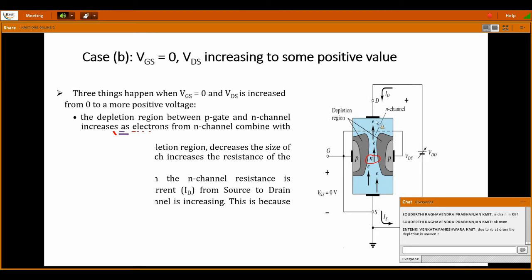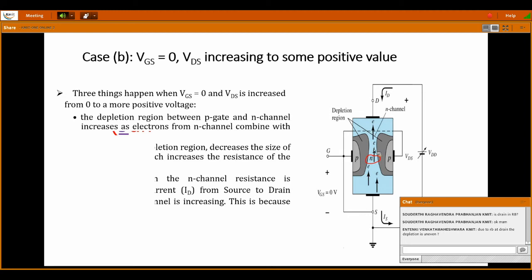Reverse bias is more means the depletion width will be increasing as compared to the source terminal. So the reverse bias is increasing, the depletion width is increasing, and the channel width is reducing near the drain terminal. That's why the depletion layer penetrates more near the drain terminal and less near the source terminal.